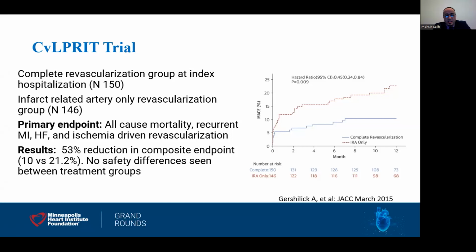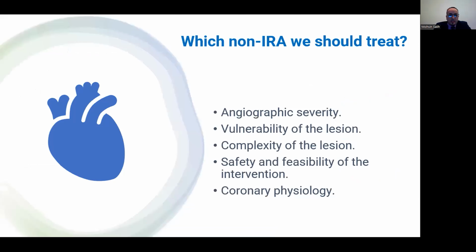And it's the same here. It showed about a 53% reduction in MACE, with 10% versus 21% in the culprit-only group. This is mainly driven by the rate of revascularization, and there was no concern between the two groups. And here's the Kaplan-Meier. The MACE difference is, as I said, more driven by revascularization.